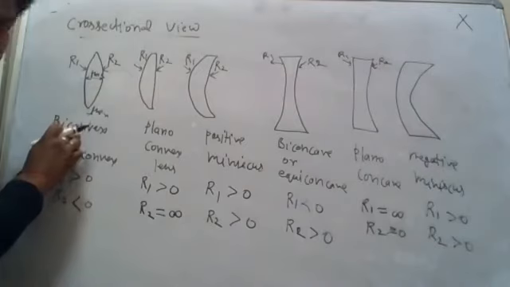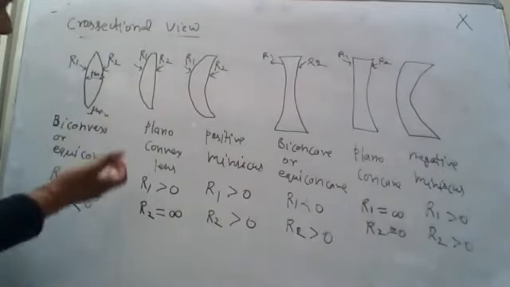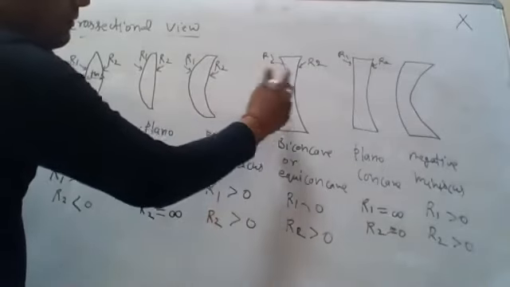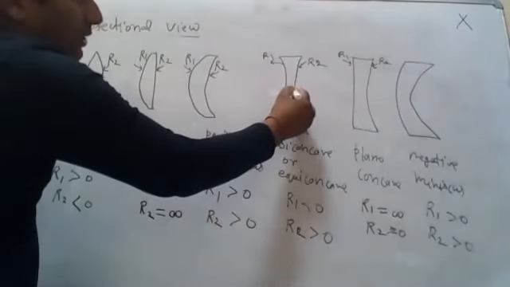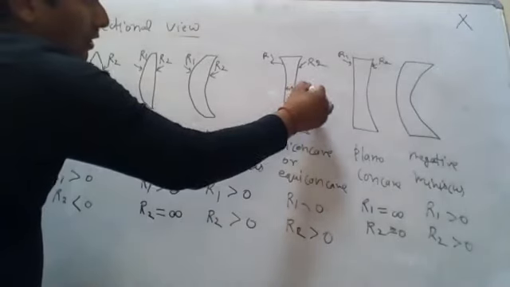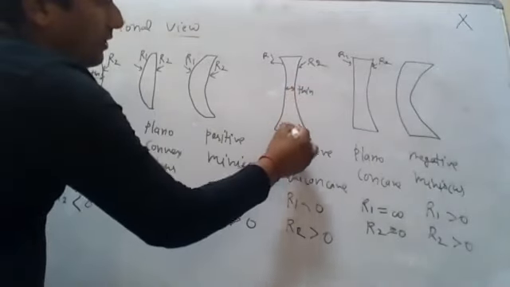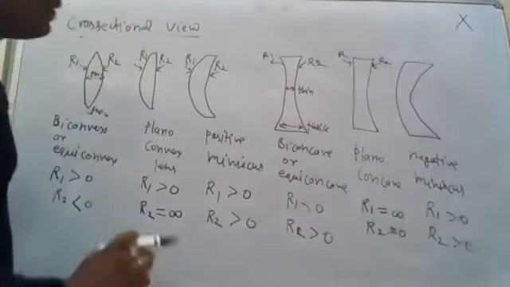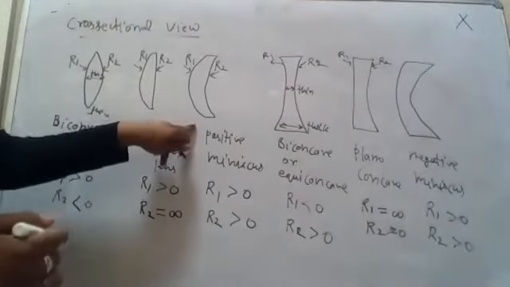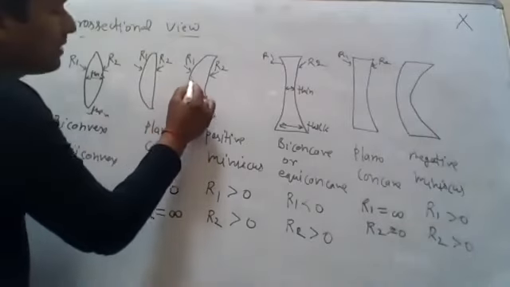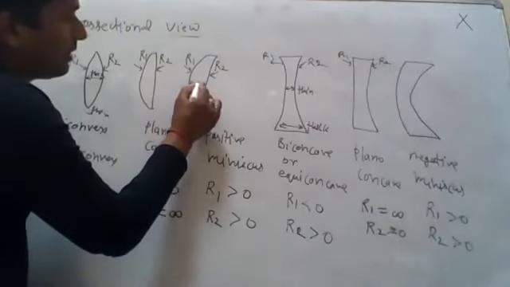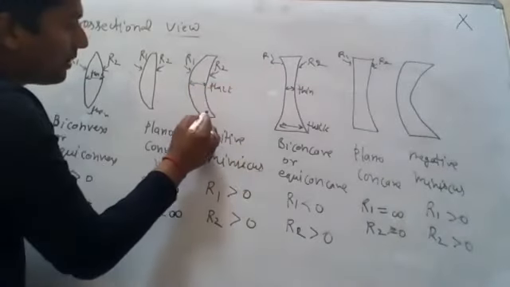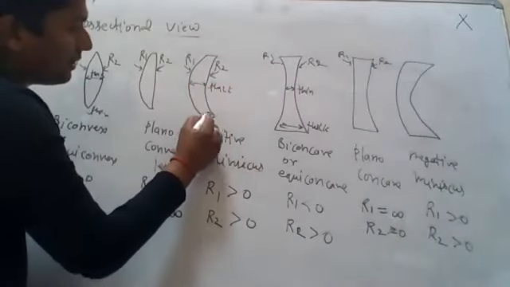So it's called the positive lens, or biconvex lens, a convex lens basically. And here in this one, this is a concave lens. At the center it is thin, and at the edge it is thick. This lens is known as the negative lens. Similarly, the positive meniscus has large thickness at the center and is very thin at the edge.